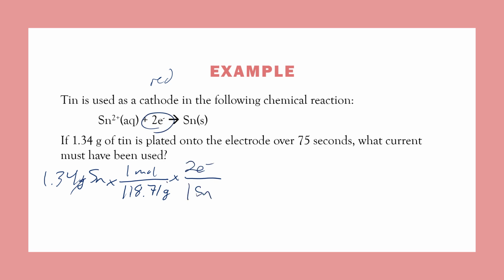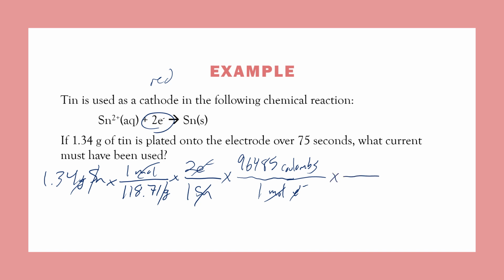So the grams have canceled, the tin has canceled. Now I have moles of electrons. I can use Faraday's constant because Faraday's constant is 96,485 coulombs for every 1 mole of electrons. So the moles and electrons cancel. Now I have coulombs, that's Q, our quantity of charge. I can use the time.